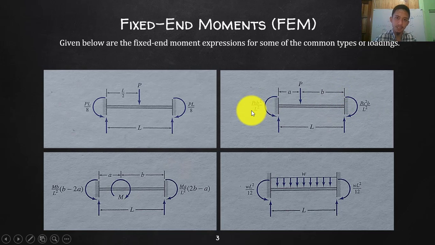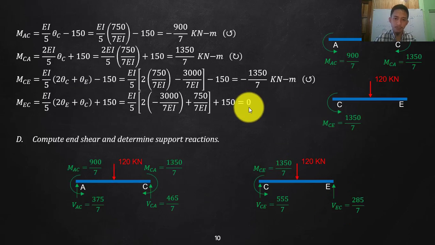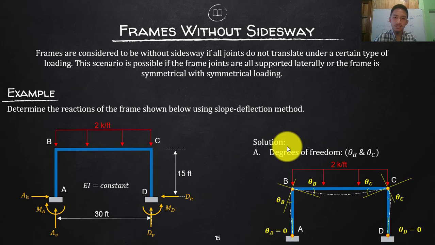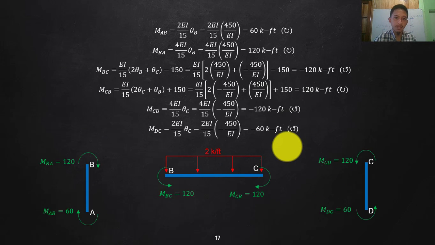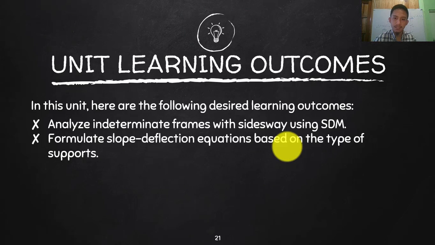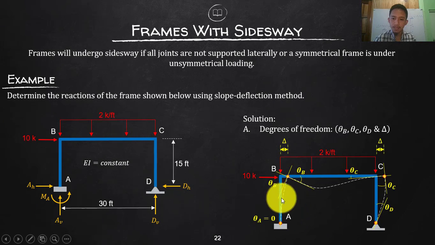So there is no fixed end moment if your load is on the support. There is no fixed end moment for our members AB and CD, so these are 0.